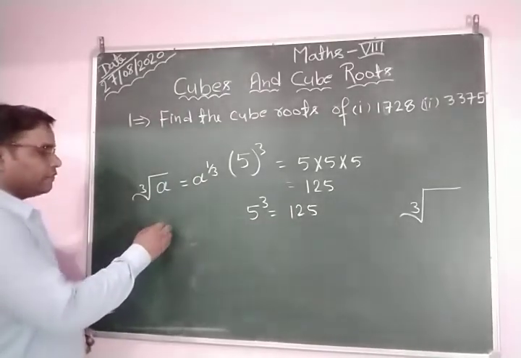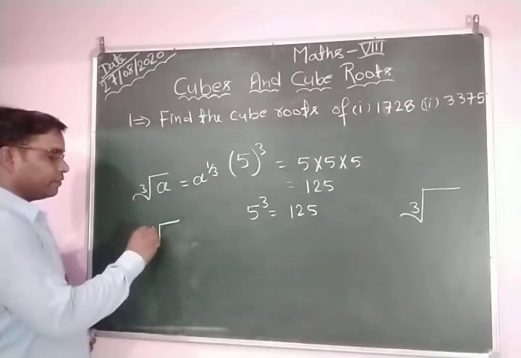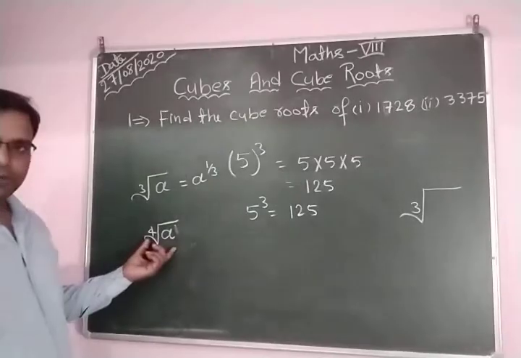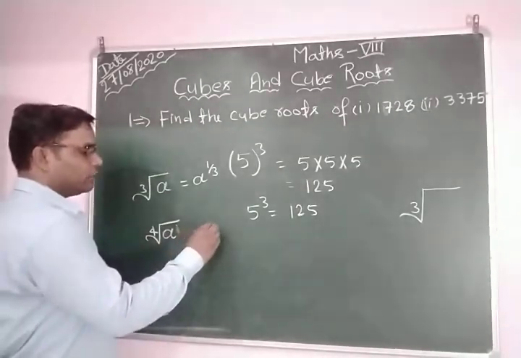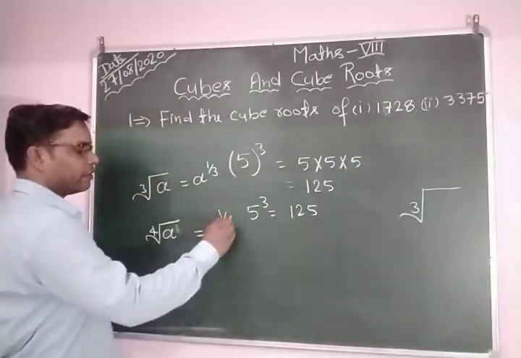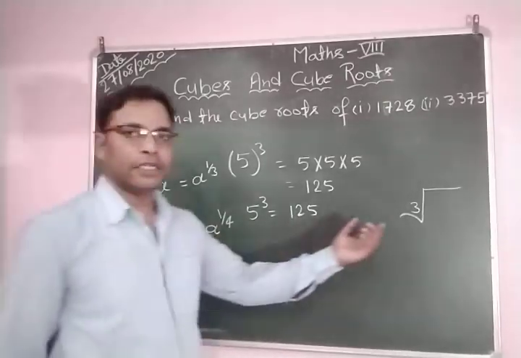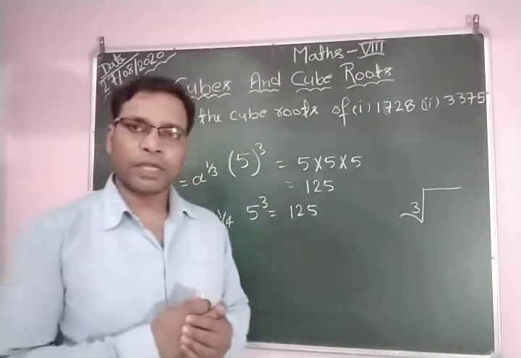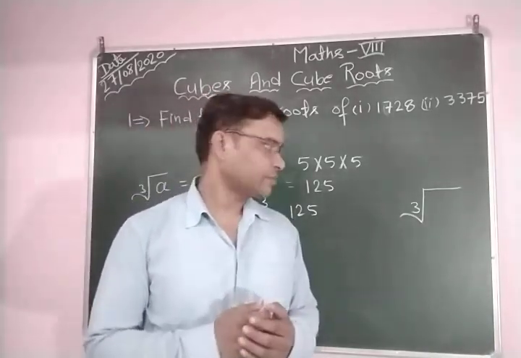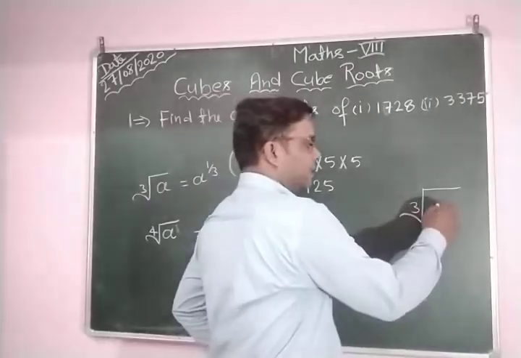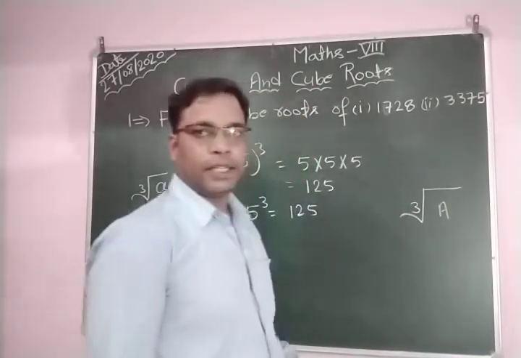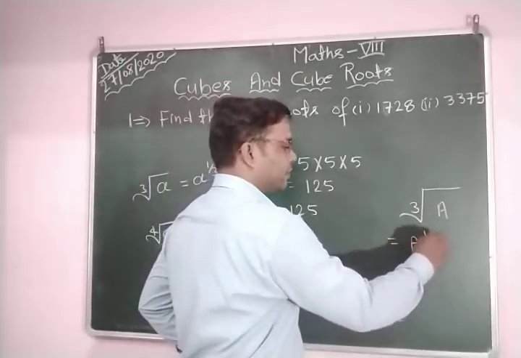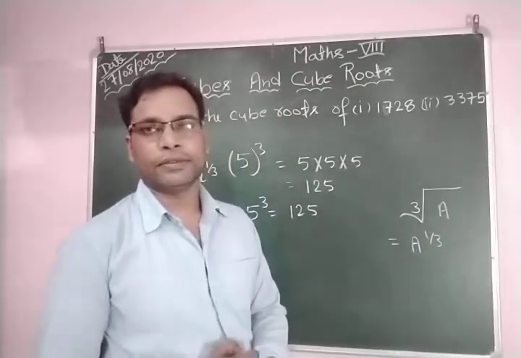If you write 4 here, this is the fourth root of a, and you can write it as a to the power 1 by 4. So this symbol represents the cube root. The cube root of a number a can also be expressed as a to the power 1 by 3.